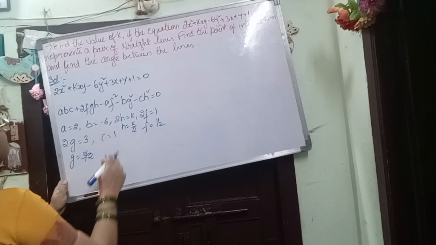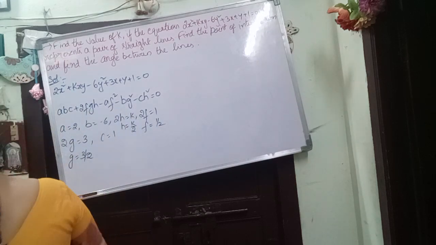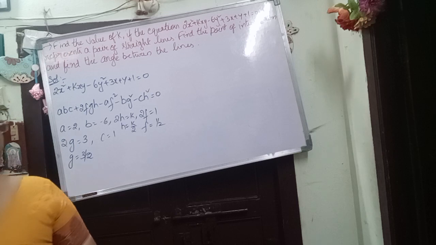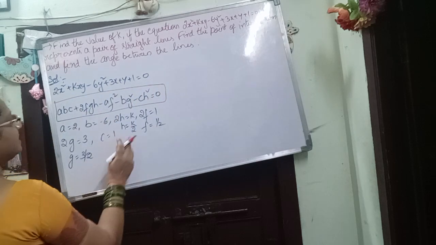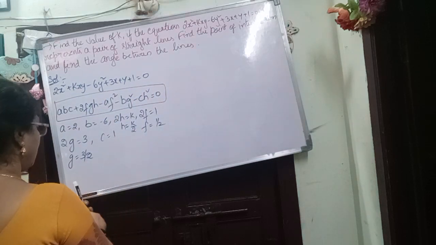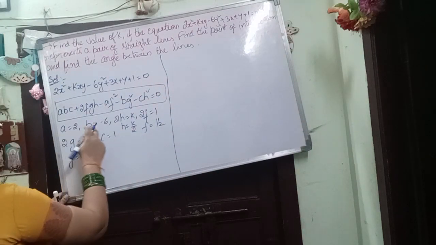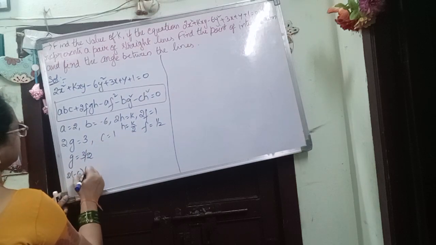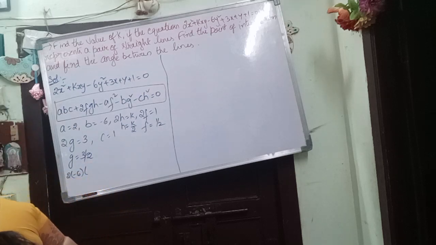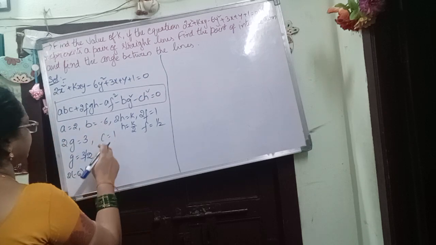Okay. Now these values, what we have taken, substitute all these values in this equation. We can get the value for k. Okay. So substitute a, b, c is 1. So 2 into minus 6 into 1. A into b into c. 2 into minus 6 into 1.